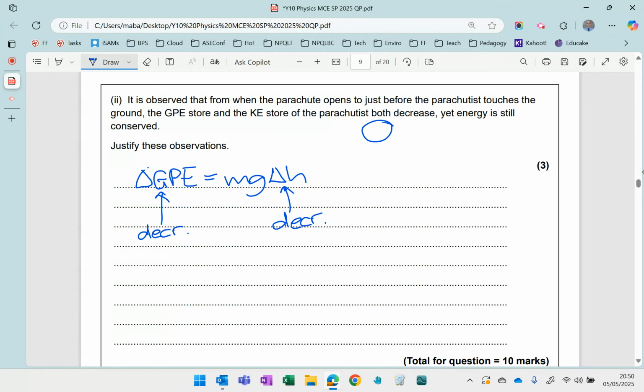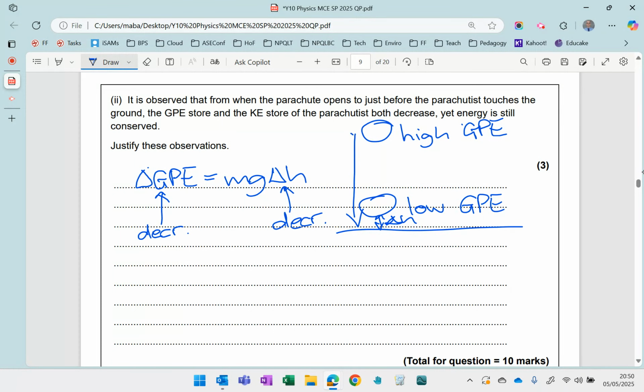When the parachutist was high up, they had a lot of GPE, and then down much closer to the ground, delta h is now a smaller number, so the GPE must also be a smaller number.